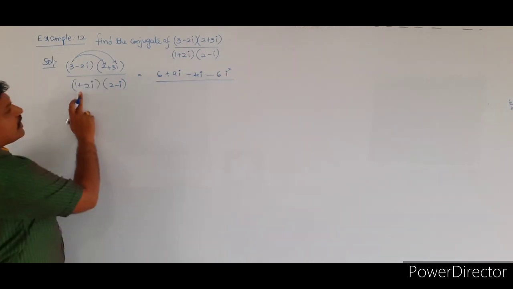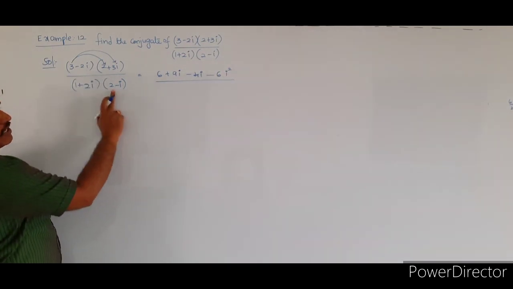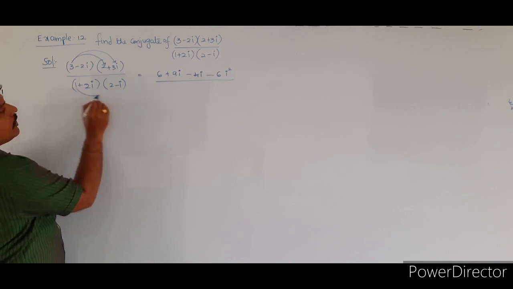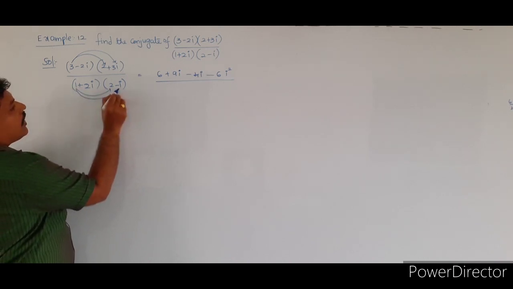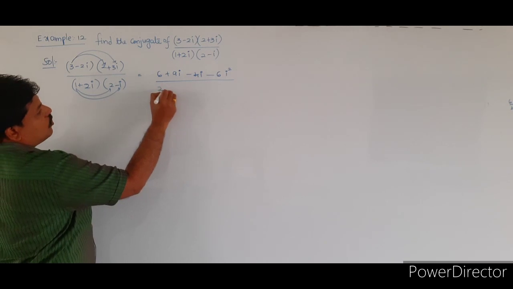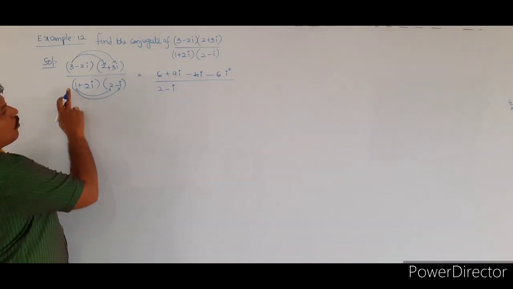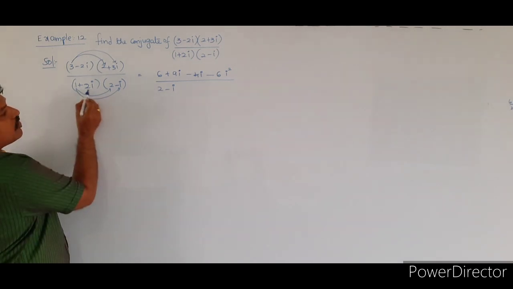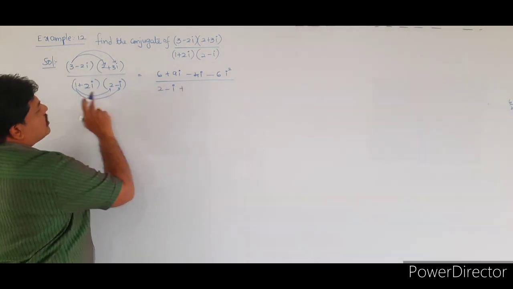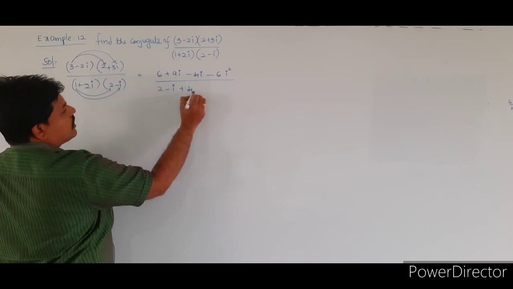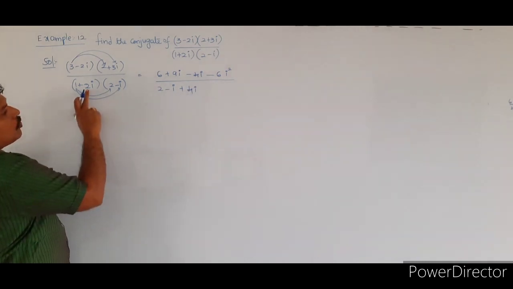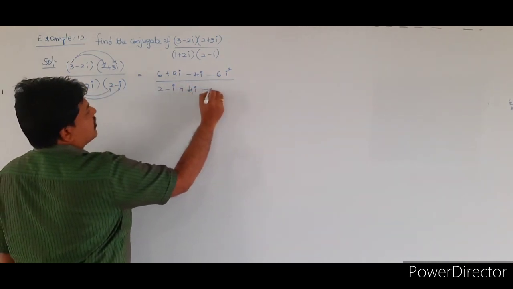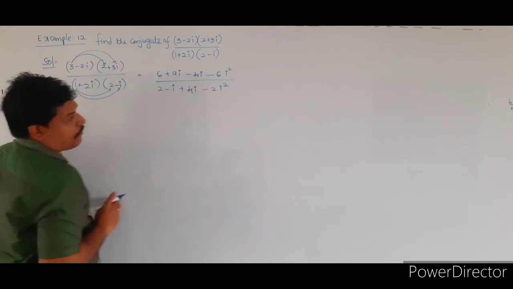In the denominator also we will multiply the terms: 1 into 2 is 2, 1 into minus i is minus i. Next multiply with 2i: 2i into 2 is 4i, 2i into minus i is minus 2i square.